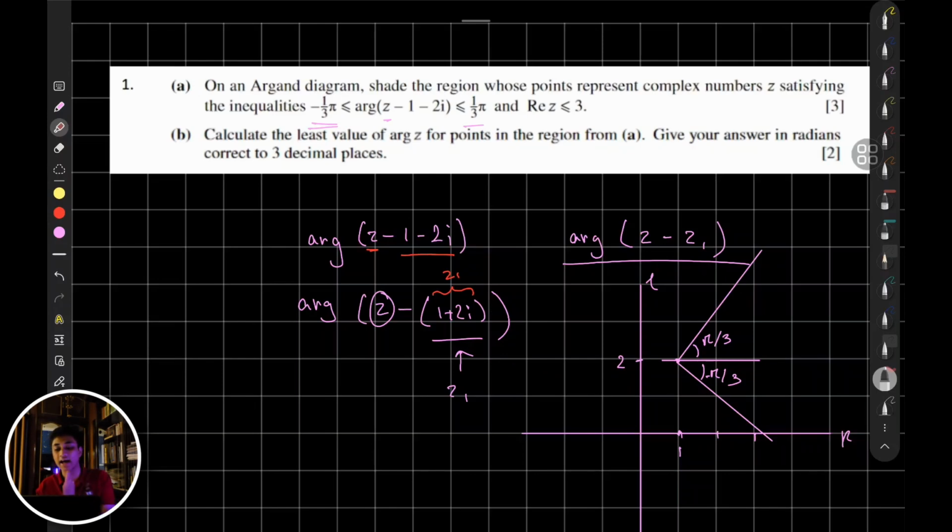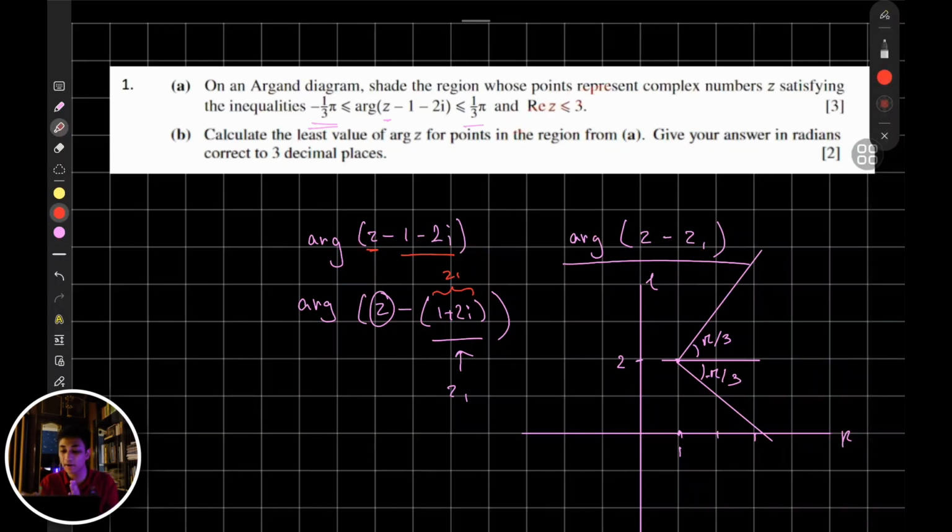But up till now, if we forget this part, what are they telling us? They're telling me that the argument between z and this known complex number is going to be between this range where it goes from positive pi by 3 to negative pi by 3.